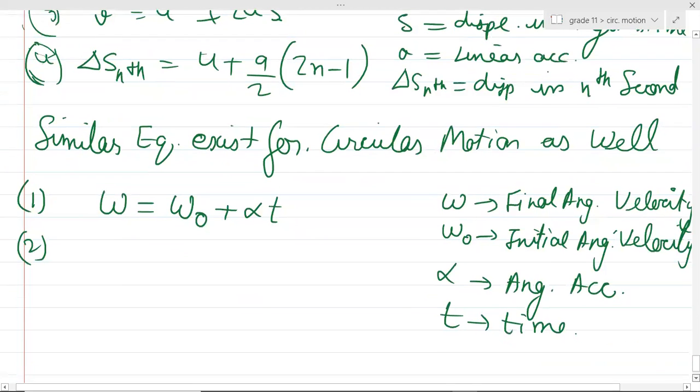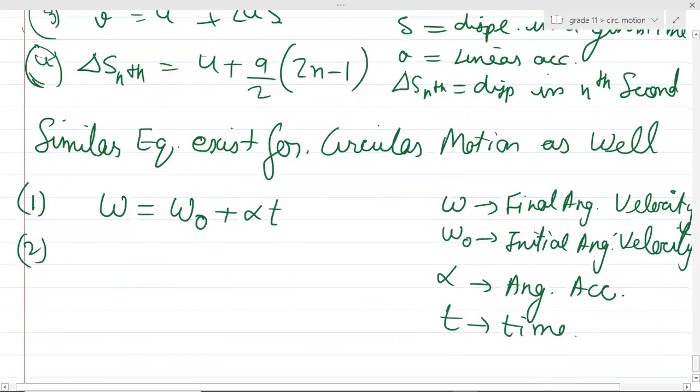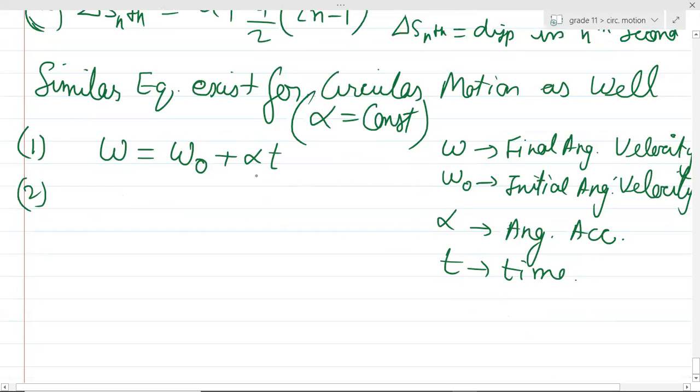By the way, do you remember this condition, guys? For linear translational motion, these equations were only applied when acceleration was constant. Here too, these equations will only be applied when angular acceleration alpha is constant. So remember this. All these equations are only valid when acceleration is constant. So omega is omega naught plus alpha t.